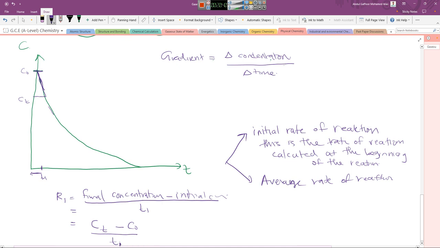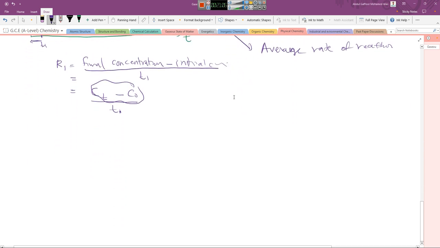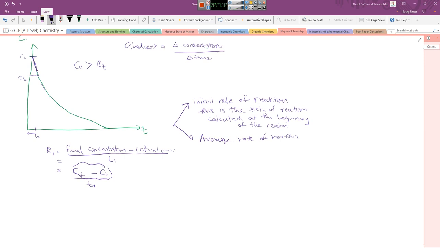Now from the graph we can see that C naught is greater than Ct, so this value will be negative. What it indicates is that the rate of reactants decreases with time and the rate of products increases with time. Why is this happening?